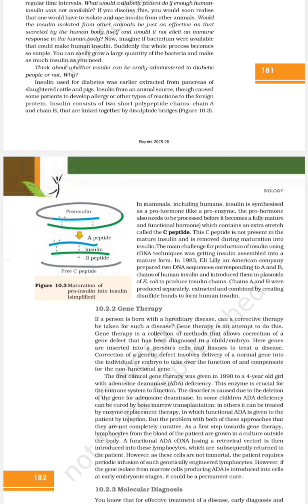In proinsulin, that is the inactive form of insulin, before maturation into insulin, there is one A chain, the blue colored A chain, and this B chain. Sorry, blue color is A chain, green color is B chain, and there is an extra stretch called the C peptide.